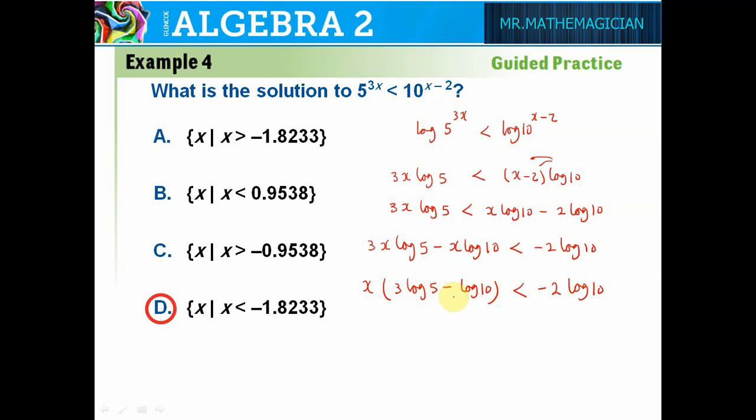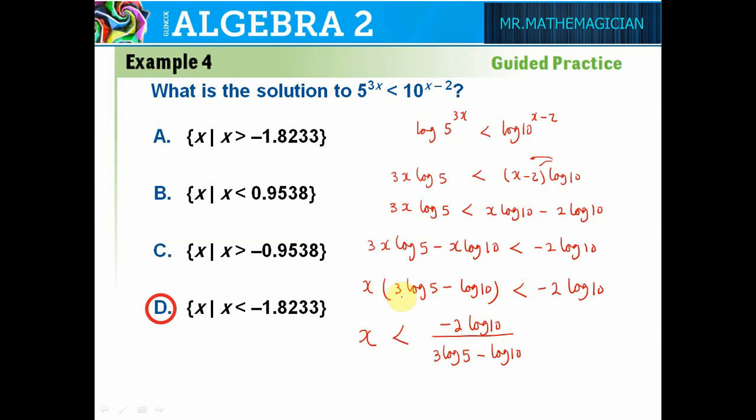Now this is a number we can divide by, so it will appear here down the negative 2 log 10. So x will be smaller than negative 2 log 10 over 3 log 5 minus log 10. Of course, you need to be sure that this term is positive before you divide, because if it's negative, you will switch direction of inequality.